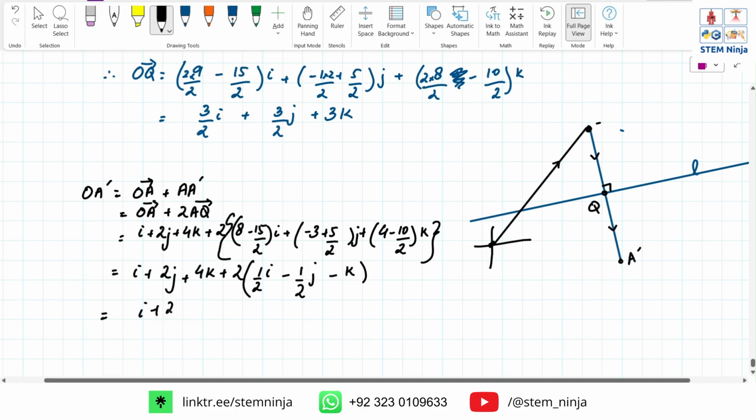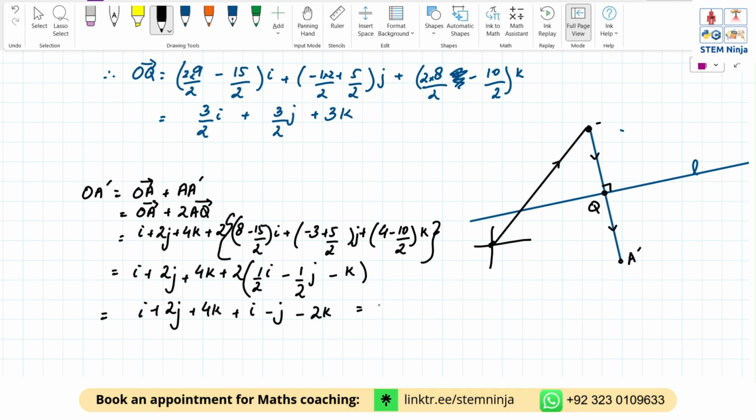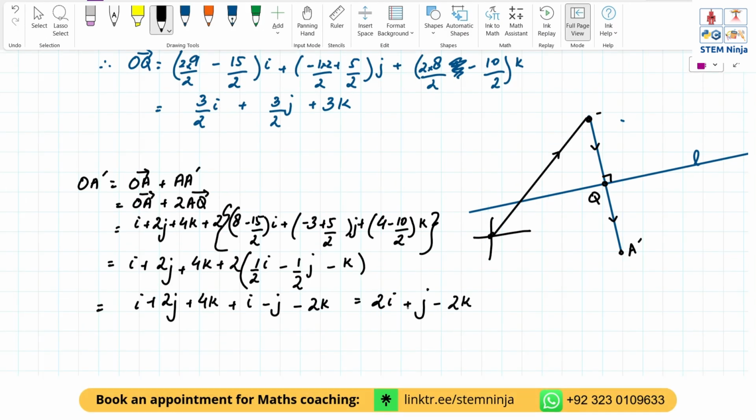So I plus 2J plus 4K plus I minus J minus 2K. Now we simplify. I plus I is 2I, 2J minus J is J, and 4K minus 2K is plus 2K. All right.